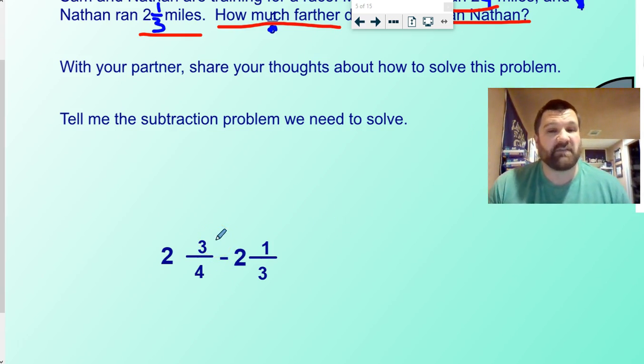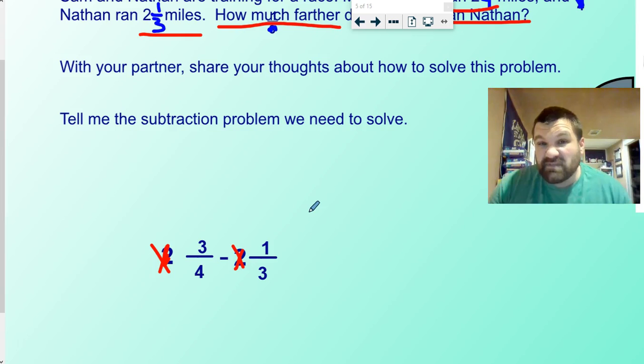We do always have to be careful because we can get in the habit of doing our wholes first, and it won't be in this case, but sometimes we might have to borrow. So we can't always just take our wholes away first. So 2 take away 2, well, it's easy, right? If you take 2 wholes away, you're left with no wholes. Easy peasy.